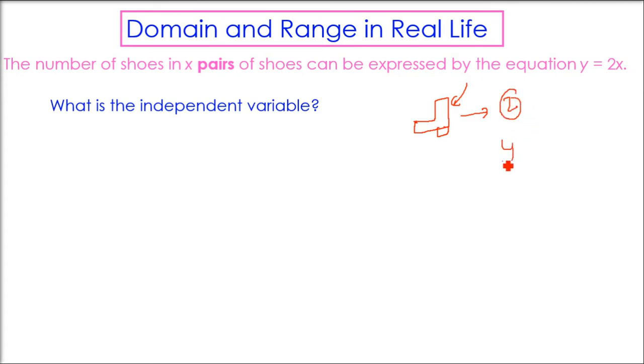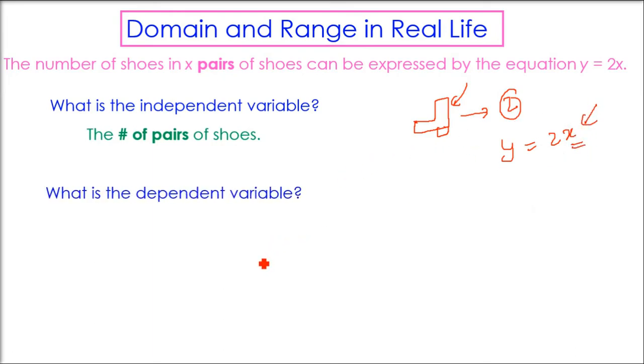You don't say two shoes, you say one pair of shoes, and two socks. So if you have x pairs of shoes, say you have two pairs of shoes, how many shoes will there be? 2 into 2. That is, 2 pairs of shoes means 4 shoes. 5 pairs of shoes, 10 shoes.